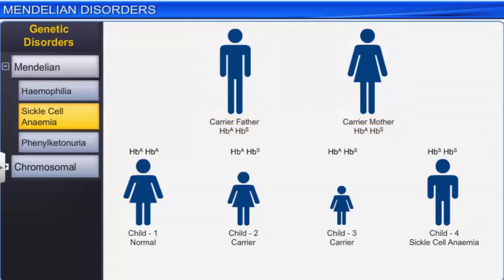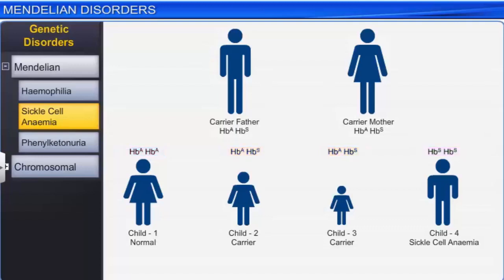The disorder is controlled by the two alleles HbA and HbS. These alleles can form three genotypes, namely HbA HbA, HbA HbS, and HbS HbS.